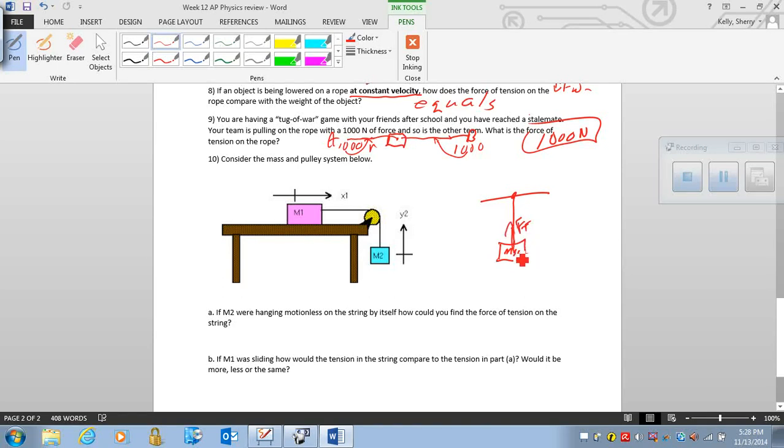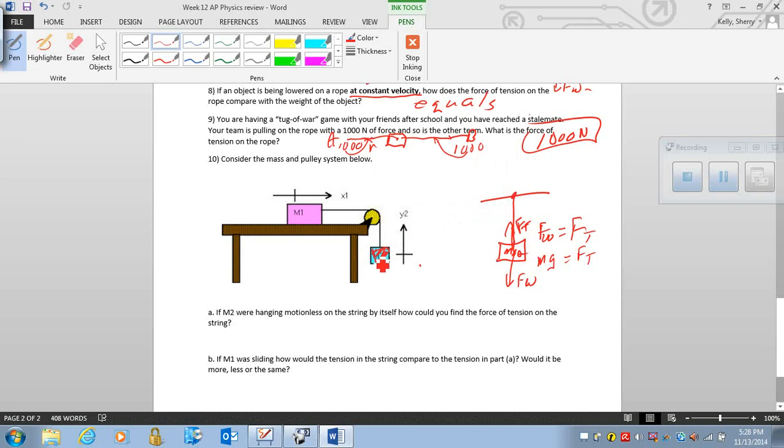And of course we have the weight force. Well, if it's just sitting there motionless, then that means the weight force has to equal the tension force. And so the weight force would just be the mass times acceleration due to gravity, and we would get the tension on the string.